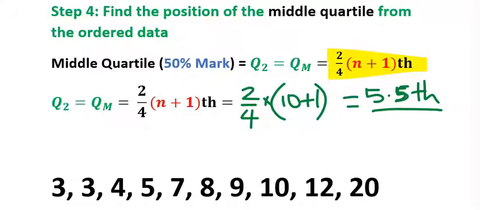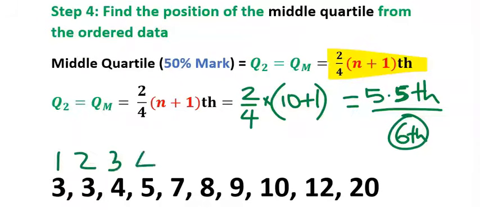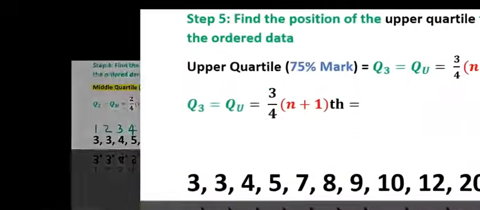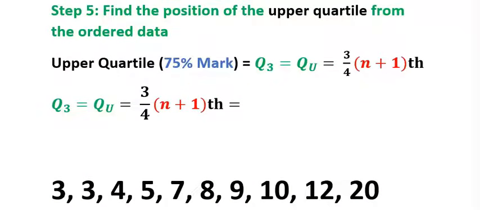This is up to 5, hence we round it up to the 6th position. This is the first position, second position, third position, fourth position, fifth position, and this is the 6th position. Hence, our middle quartile, which is the 50th mark, is 8.